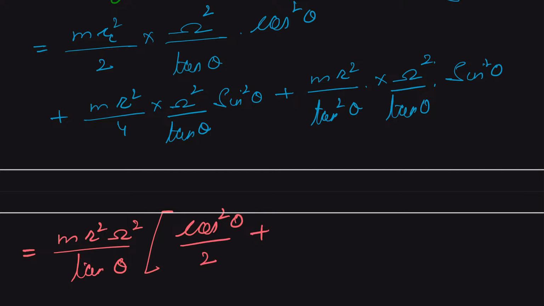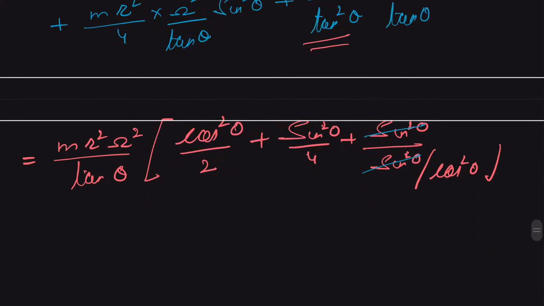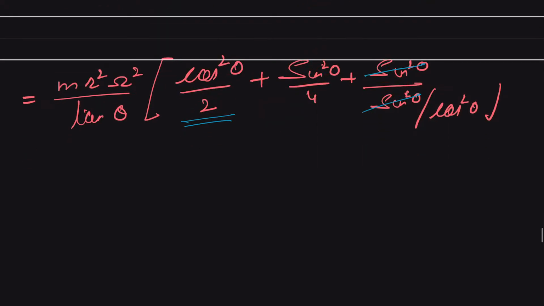From the second part, we are left with only sine square theta divided by 4 plus. And from the last part, we are left with sine square theta, and the denominator will be tangent square theta. So we can write this as sine square theta upon cos square theta, and this sine square cancels out. So this comes as cos square, and we can add this cos square into this cos square.